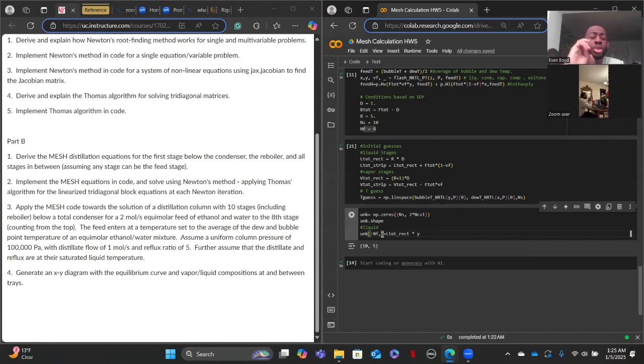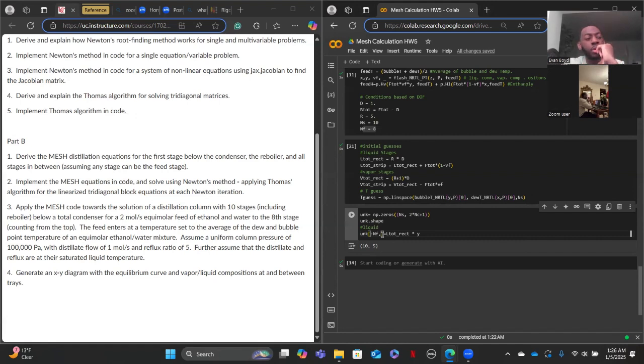I'm pretty sure it's the two liquid compositions and two vapor compositions for the respective components, ethanol and water, for the rectifying or stripping stage for liquid and vapor.